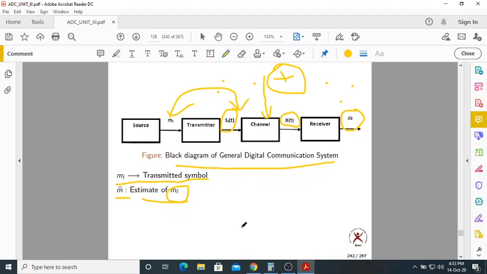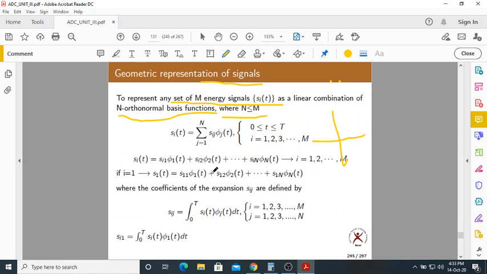We need to represent them geometrically. How is it possible? To do so, we need this algorithm. Try to understand it very carefully.